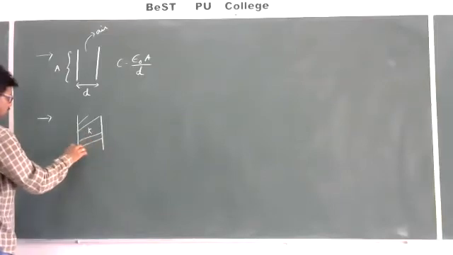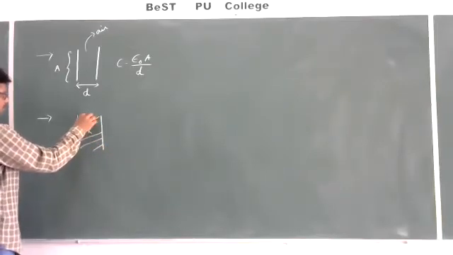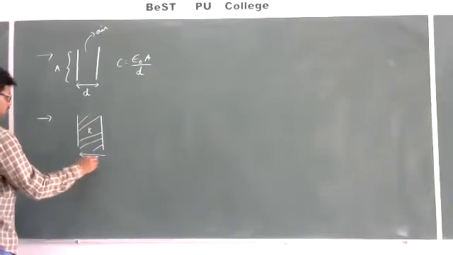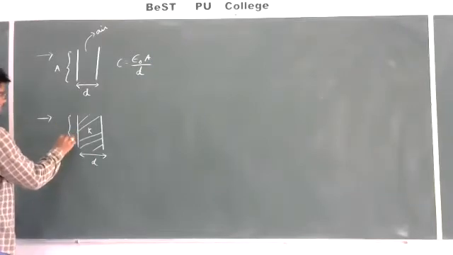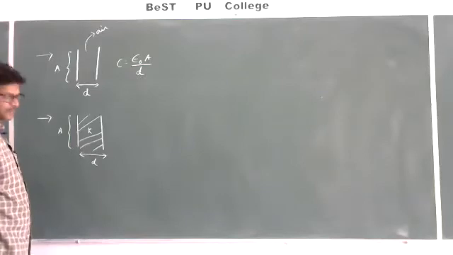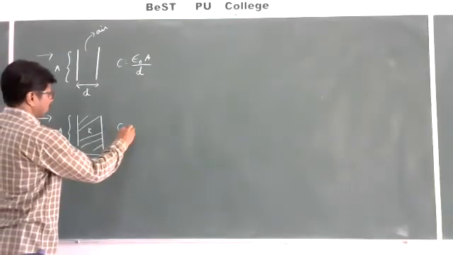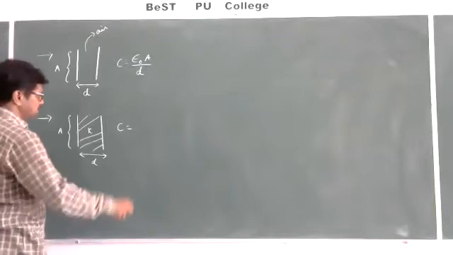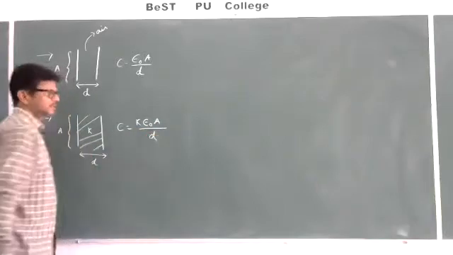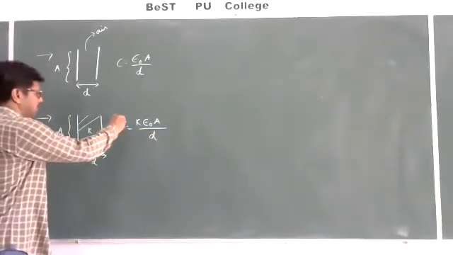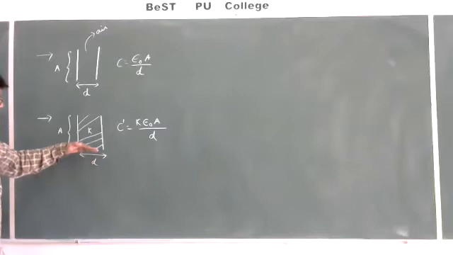Some dielectric medium of dielectric constant K. Here also the distance between the two plates is D, and the area of cross section of each plate is A. Then in this case, the formula to find its capacitance is K epsilon naught A by D. So this is the formula for the capacitance when the space between the two plates is completely filled with a dielectric medium of dielectric constant K.